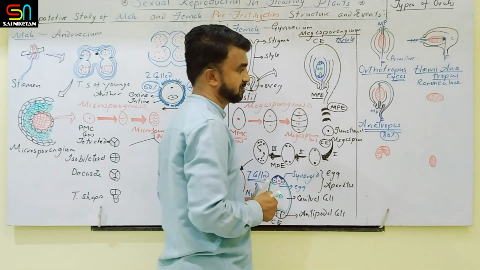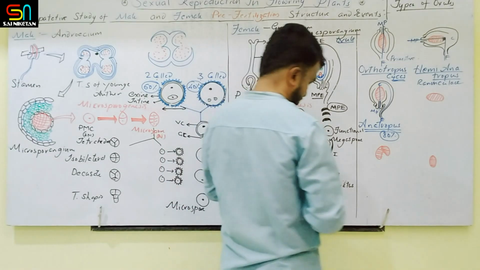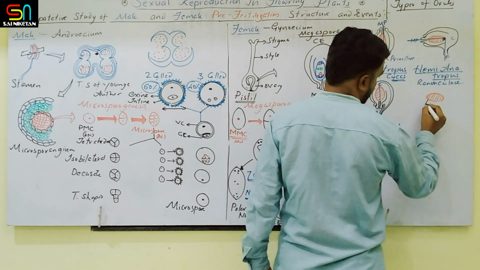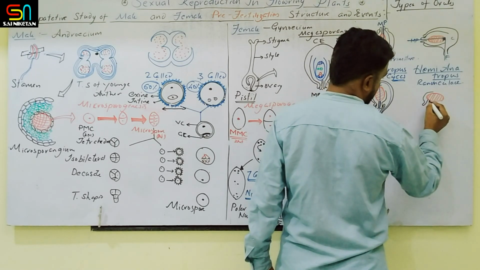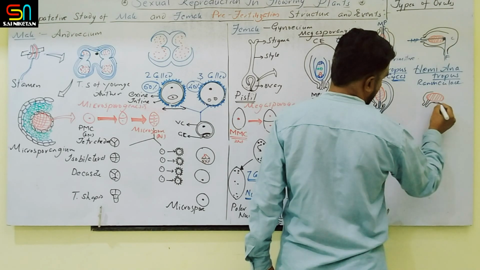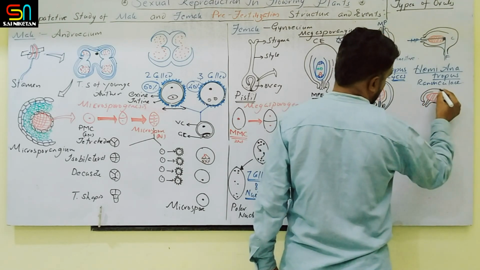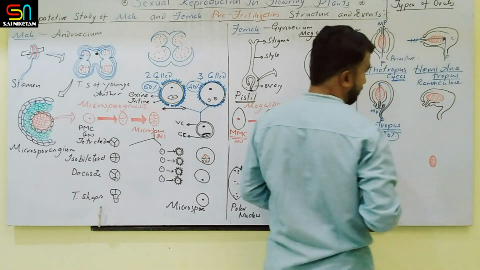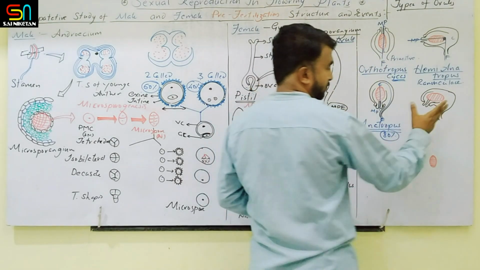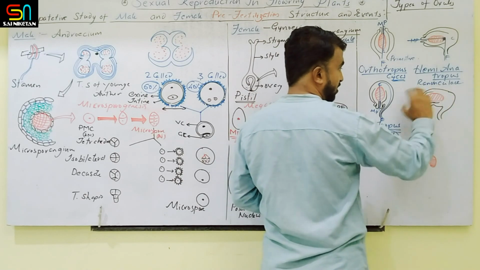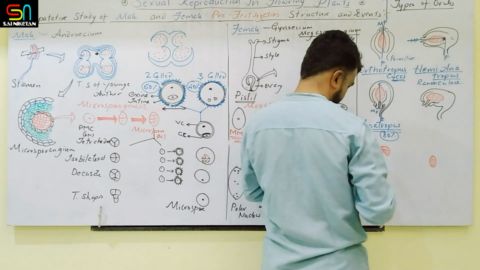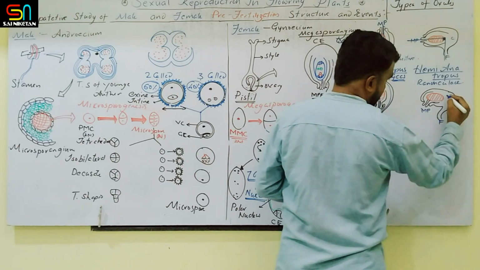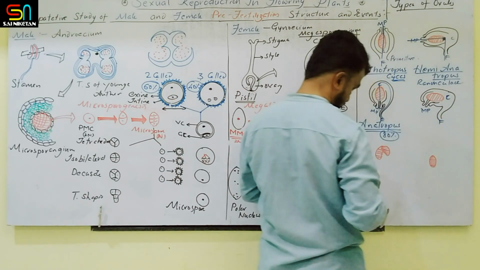That is anatropous. Now, if curvature is there, but micropyle is a little bit near to the funicle. Yes. Now, due to the unilateral growth, almost 90-degree rotation occurs. Clear? But here, the micropyle is a little bit near to the funicle and chalaza is almost 180 degree.